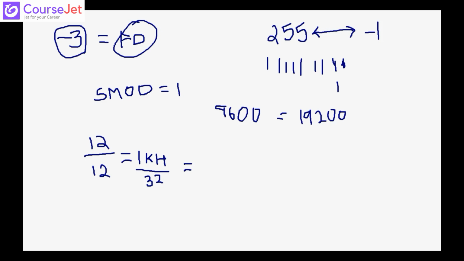As we cannot get this particular value, 1 by 32, it is not 28,800 obviously. Let me tell you what that value is. 1 kilohertz is nothing but 1000 divided by 32, you will get 31.25.